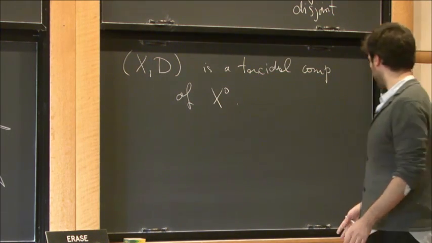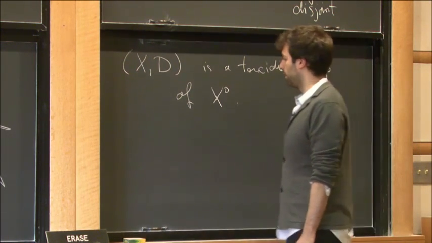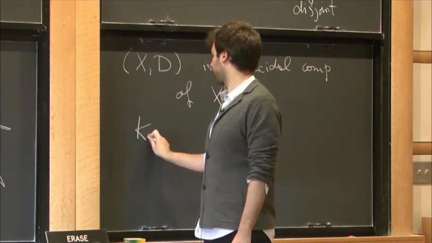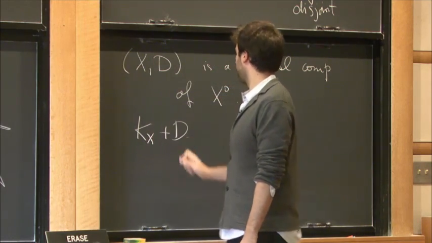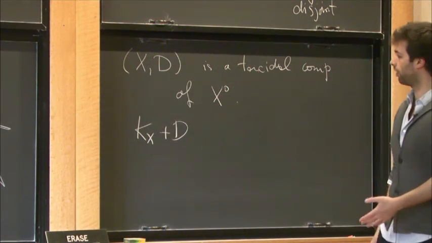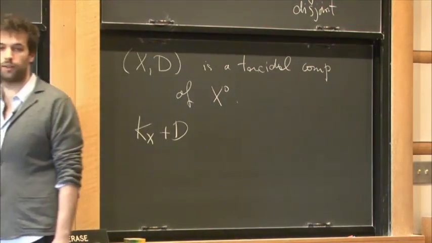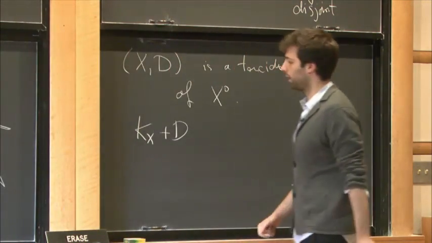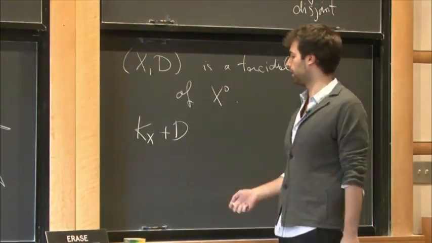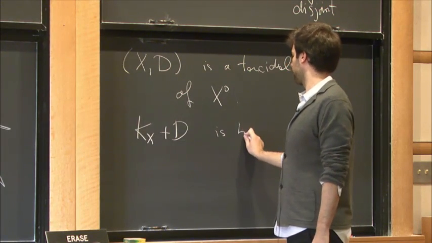And so the first thing to notice is that the log canonical divisor, Kx plus D, has some positivity coming again from the Kähler-Einstein metric on X naught. So one can prove, it needs a little bit of work, that this thing is big and nef.